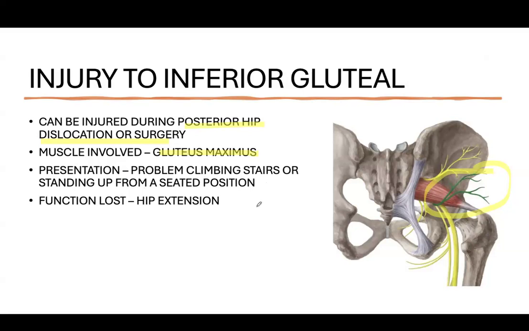It's because the gluteus maximus is responsible for hip extension. And to climb stairs, you need to extend your hips. To stand from a seated position, you need to extend your hips. You can try it. Right now, if you try and get up and really notice what muscle you're using, you're going to see that you're using your gluteus maximus. So the function loss would be hip extension, and you would have a problem climbing stairs or standing up from a seated position.